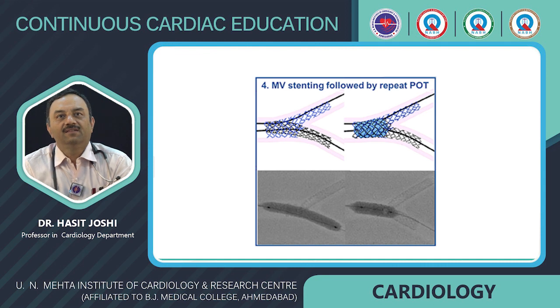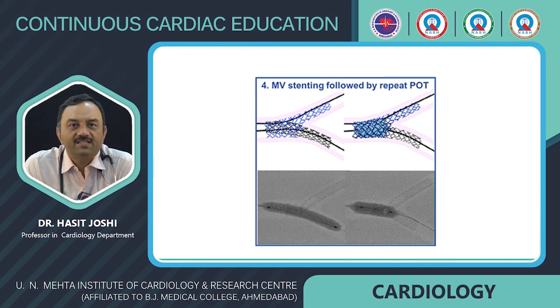Now DK stenting. In DK stenting, you dilate both the vessels first, side branch and distal main vessel, then put a stent in the side branch, so that about 2 to 3 struts are overlapping in the main branch. Simultaneously, you keep an uninflated balloon in the distal main vessel.